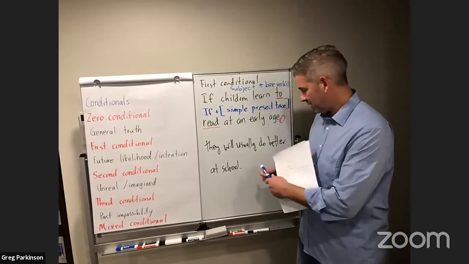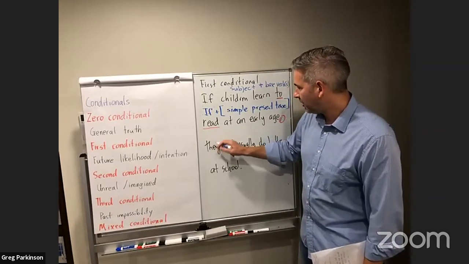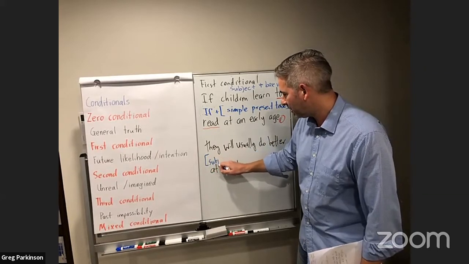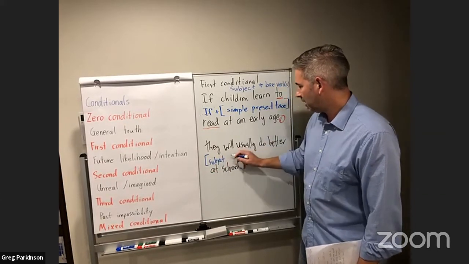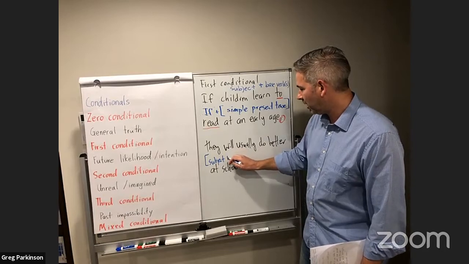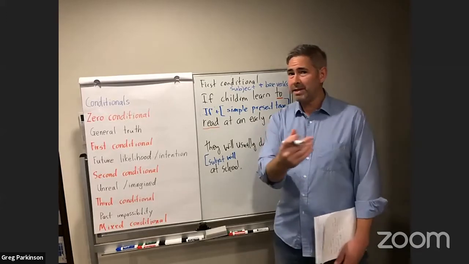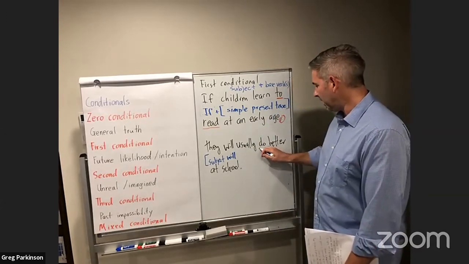And as you can probably guess, the form is subject. I'm just going to say will in this case. This is an adverb, so we don't always need an adverb, but we do need base verb.